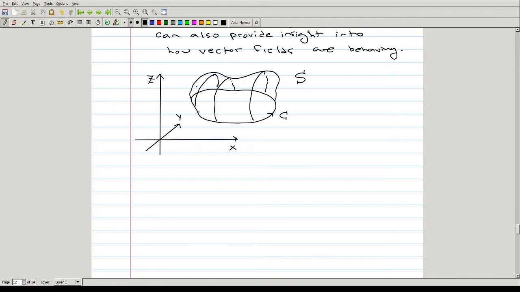So let's say the surface S now is immersed not in a scalar field but in some vector field F. So at every given point along the surface, the vector field F is going to be flowing in some direction. And this could be related to a fluid flow field or an electromagnetic field.